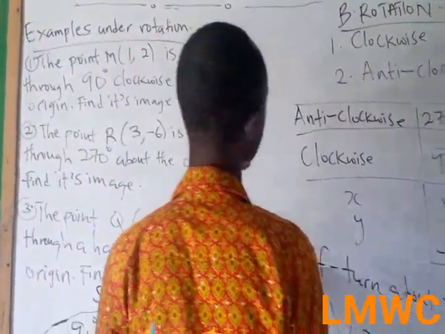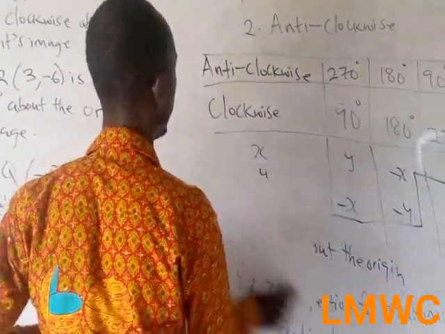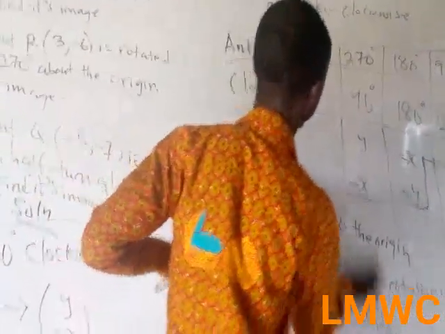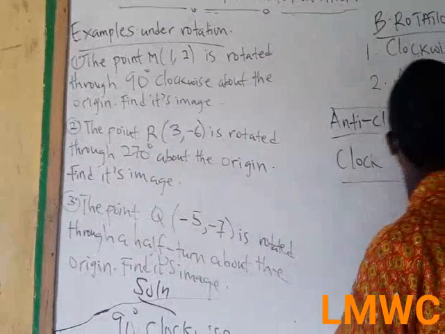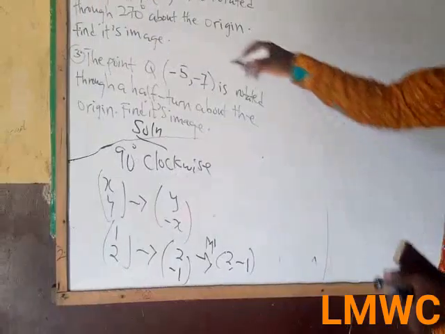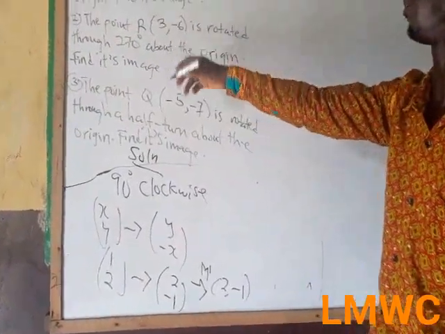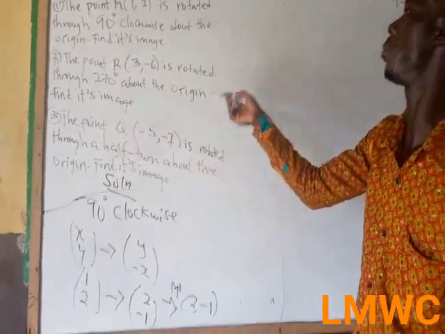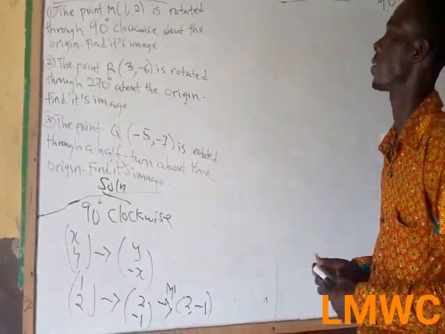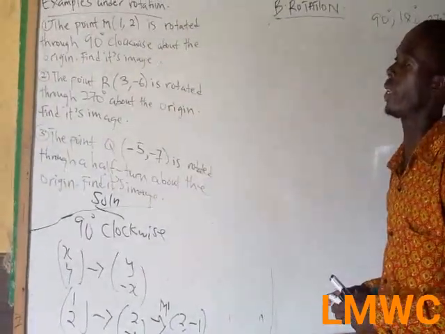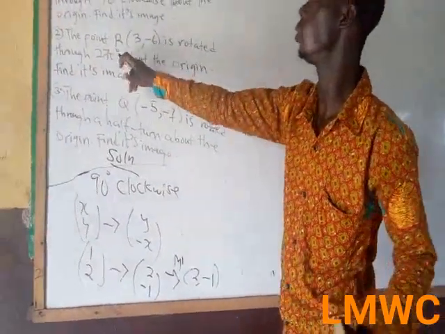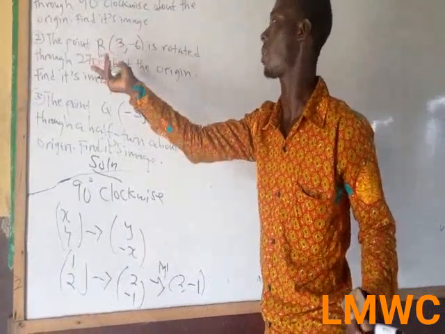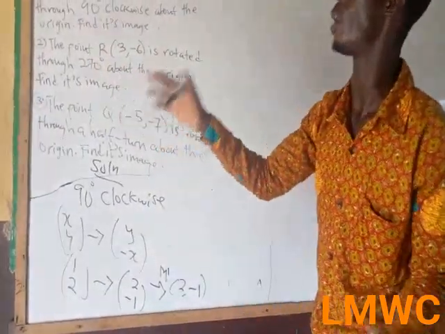Example 2: The point R(3, negative 6) is rotated through 270 degrees about the origin. Find its image. You see now, for this question, they didn't give you the direction, whether it's clockwise or anti-clockwise.